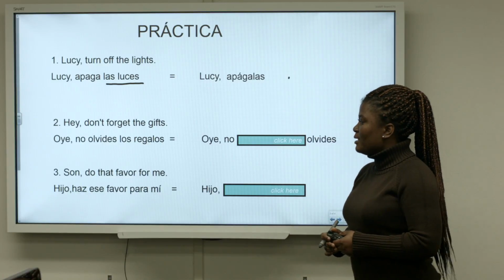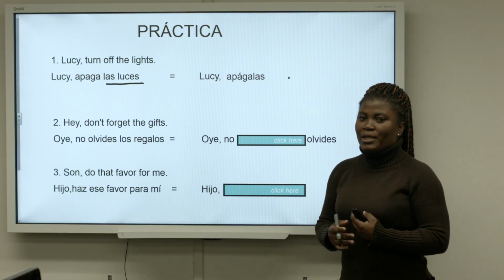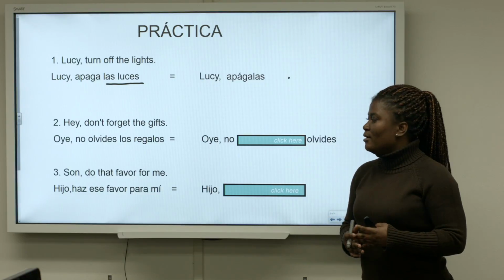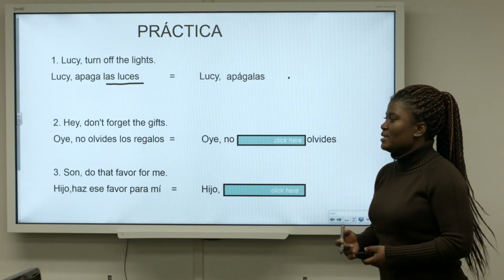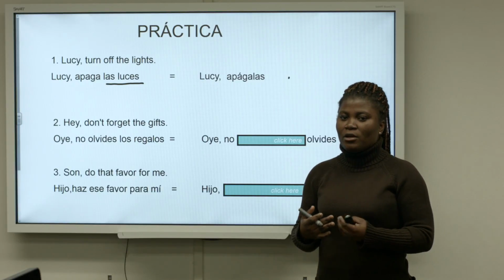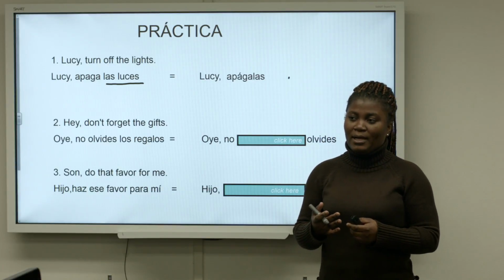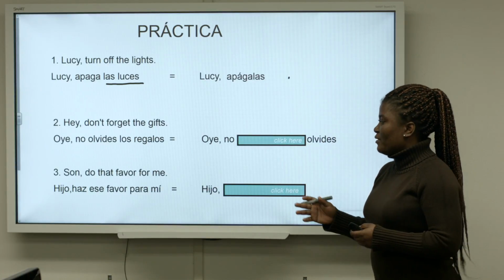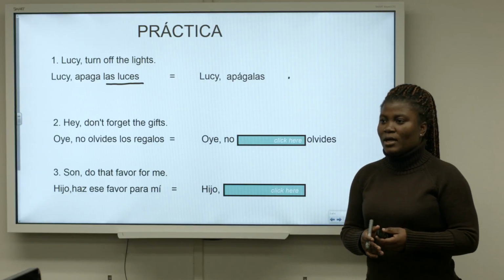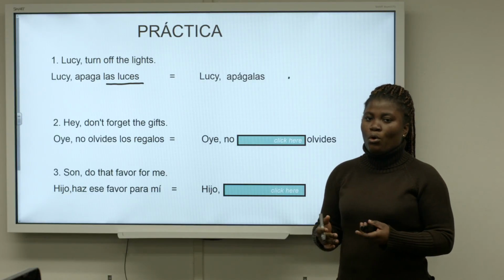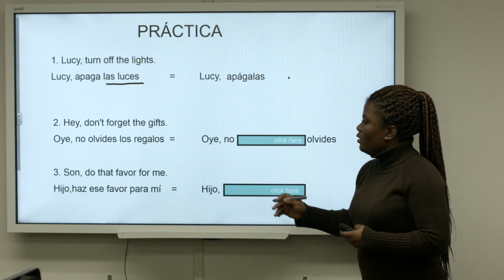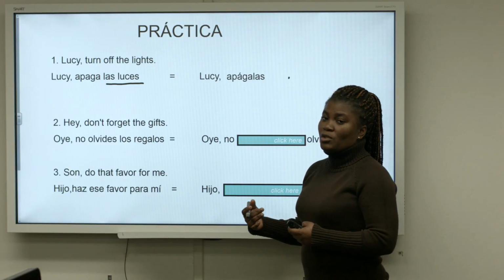Okay. Hey, don't forget the gifts. Oye, no olvides los regalos. Oye, no olvides qué? Hey, don't forget what? That is how we identify our direct object pronouns, if there are any. For the indirect object pronouns, you have to ask the question who or whom. So, oye, no olvides los regalos.